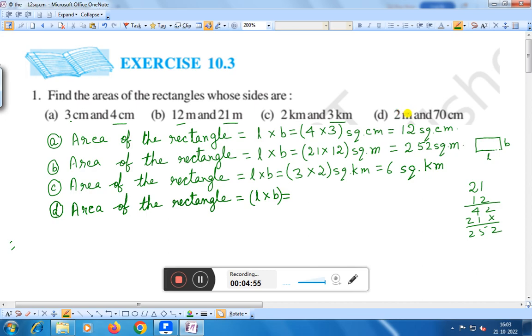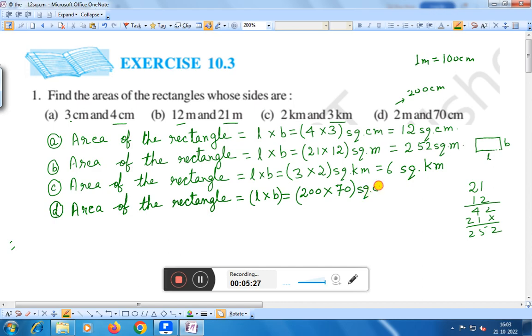centimeter. We have to change into the same unit. That is, we are changing into centimeter, right? We know that 1 meter equal to 100 centimeter. Therefore we take 2 meter as 200 centimeter. Here length is 200 centimeter and breadth is 70 centimeter.